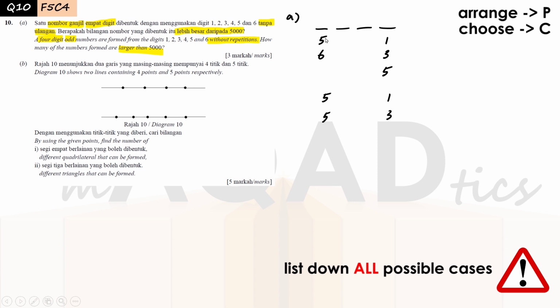But for the next one, if I put 5 here, I cannot put 5 again because one of the conditions is without repetitions. So I cannot do that, so we'll skip that one. Now let's say if we put 6 here and we put 1 here, this would be my third case. If I put 6 here, 3 here, will be the fourth case. If I put 6 here, 5 here, there will be the fifth case. So here we have in total 5 cases.